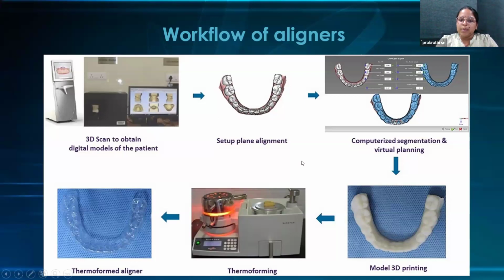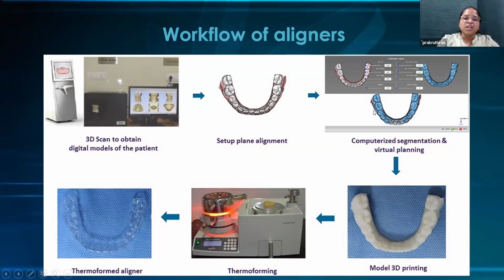Today's technology has come up with something called direct printed aligners as well, wherein the step of printing a model is also eliminated. Once the planning and the segmentation into stages are done, you can directly print the aligners. You are skipping the 3D model printing, and the pressing of thermoform sheets is also skipped.